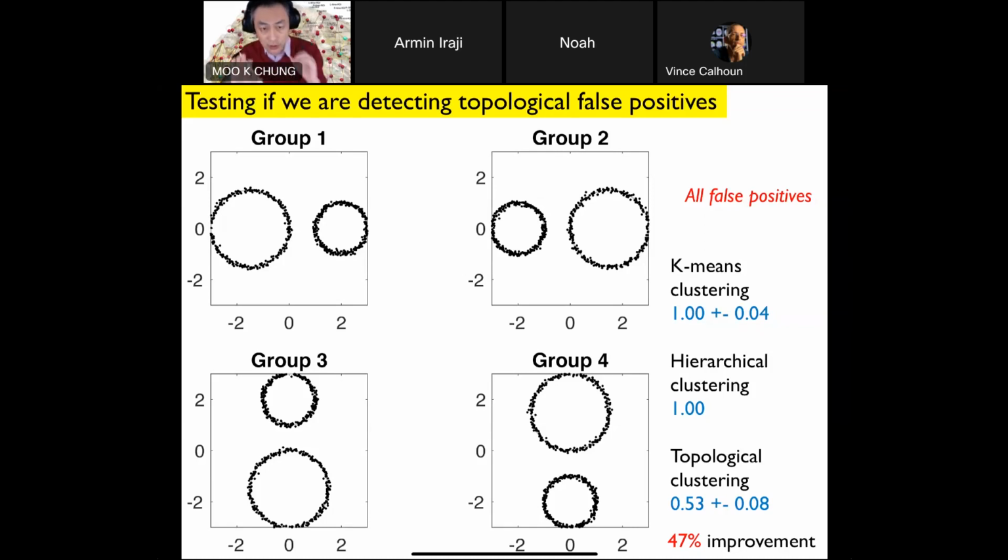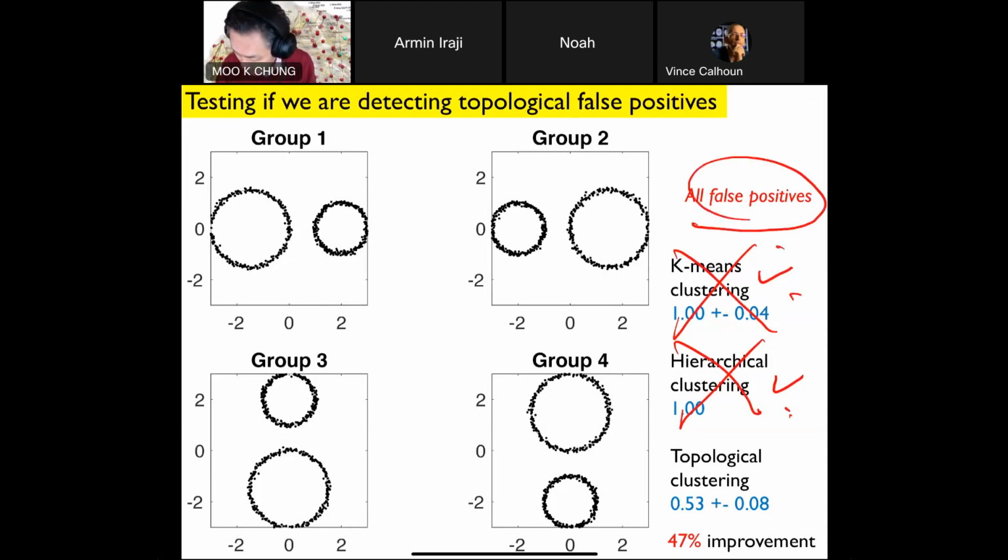If your clustering algorithm clusters them, something is wrong with it. Okay? So that's why K-means clustering is wrong. Hierarchical clustering is wrong too. They will give you almost perfect clustering results. That's not good. You should not use them. They will produce all the false positives. How much? 47% false positives.